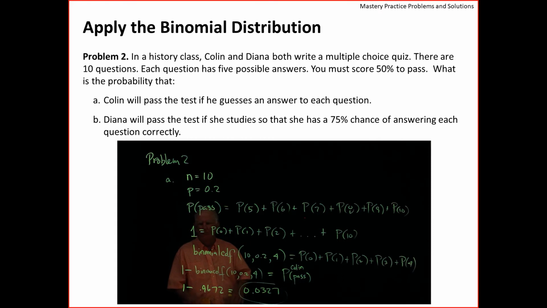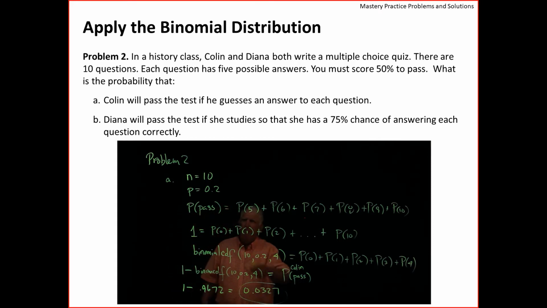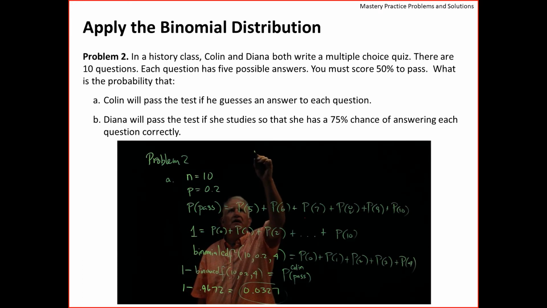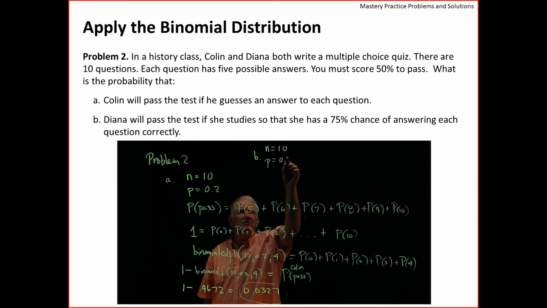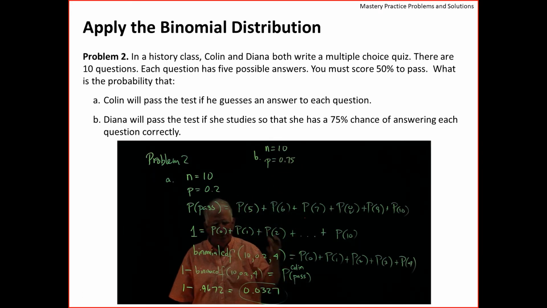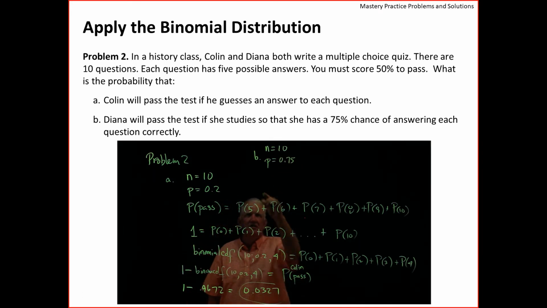Okay, I've kind of used up all the board. The problem for Diane said she's going to try 10. She's going to do the same thing here, but she's going to have a probability of 0.75, because Diane, nobody likes Diane because she studies, right?